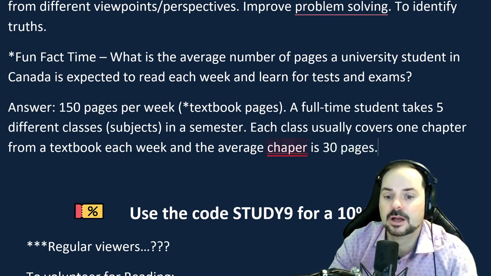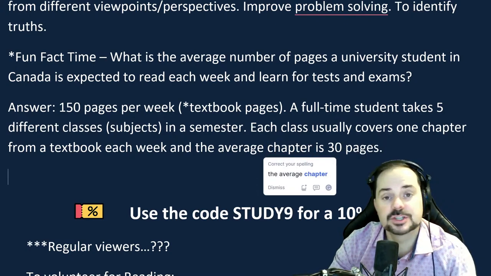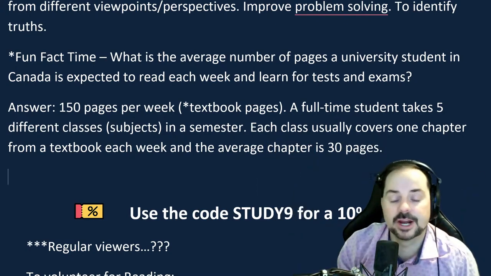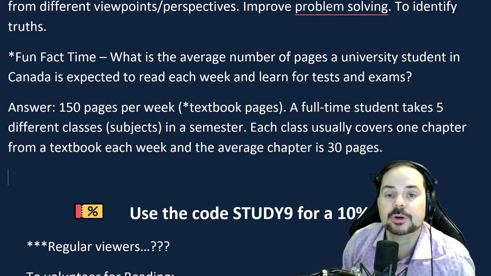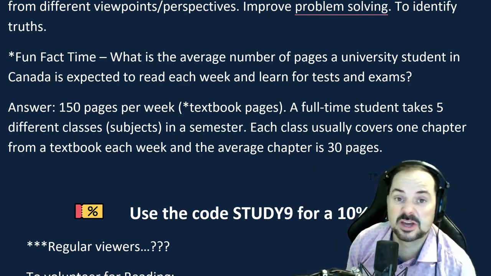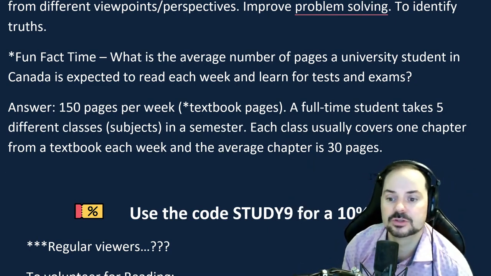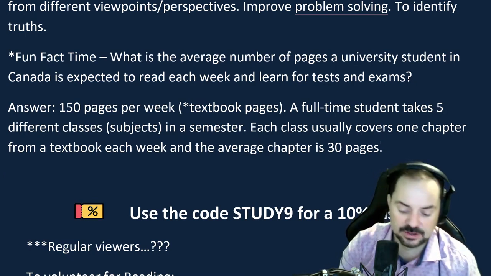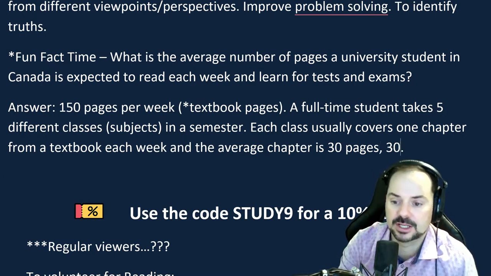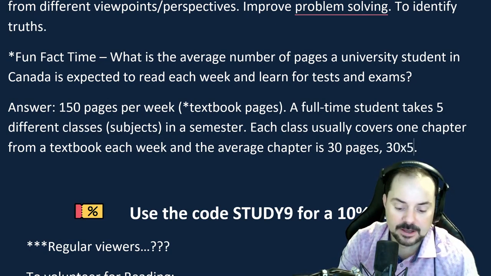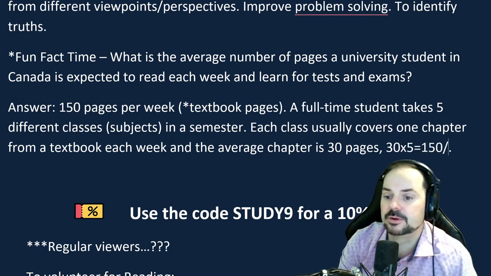Okay? So I'm not just pulling this number out of thin air. It's very much the real number, and it really doesn't matter which university you go to. So the simple math here then, of course, is 30 times 5 equals 150, okay, per week.